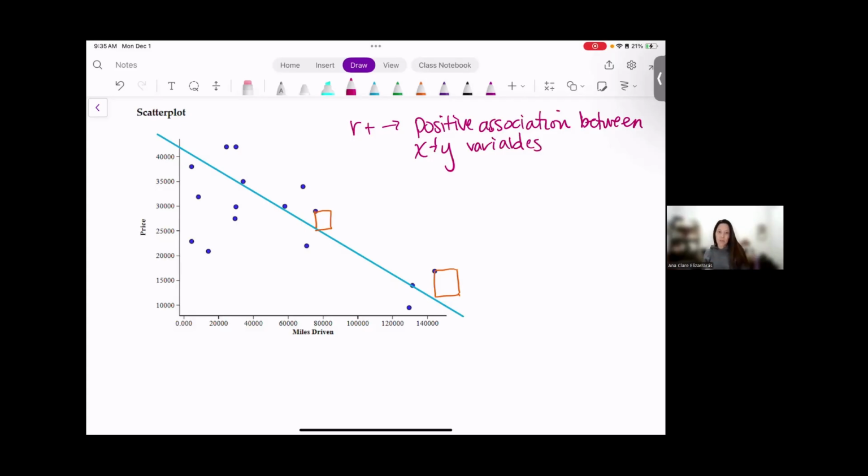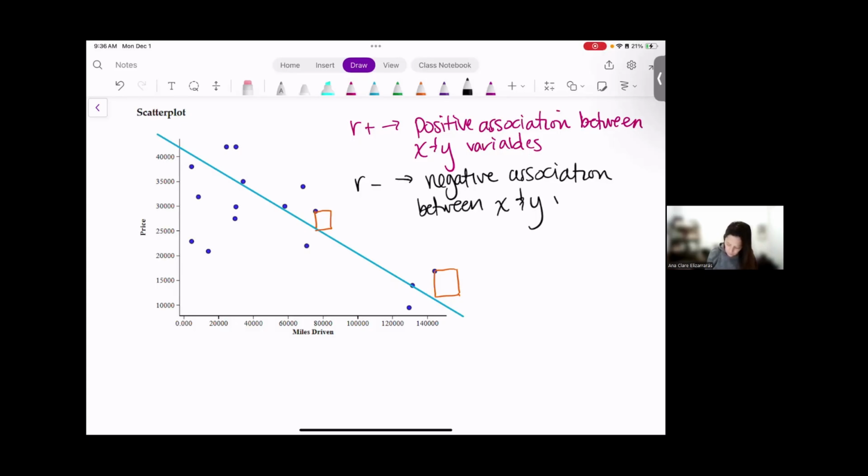R that is negative means that there's a negative association between the X and the Y variables. And actually, I probably should label positive R and negative R. That way, whenever you have a negative sign in front, you know that that means that the line is negative. So going from left to right, it's dropping down. Higher X values are associated with lower Y values.